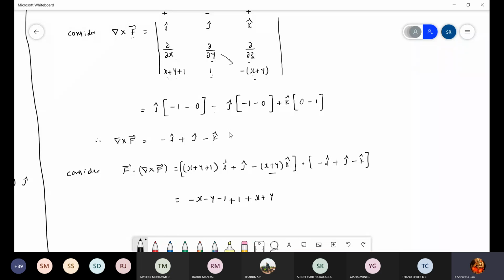Correct? Minus x cancels with plus x, minus y cancels with plus y, minus 1 cancels with plus 1. So the final answer, f dot curl f, either in symbolic form or in word form, equals 0.